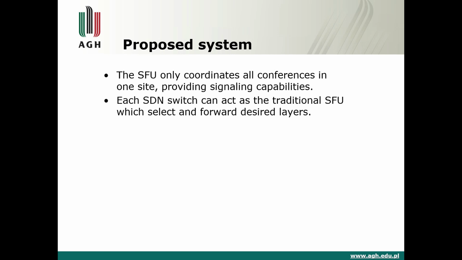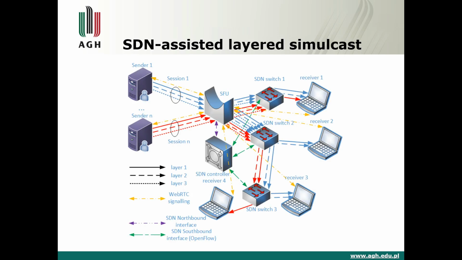We merge this information from the receiver with information about the condition of the SDN network, and we put in a controller. Our proposed system is like this. From the SFU, we send information to the SDN controller, about active sessions, about performance and the selected stream.